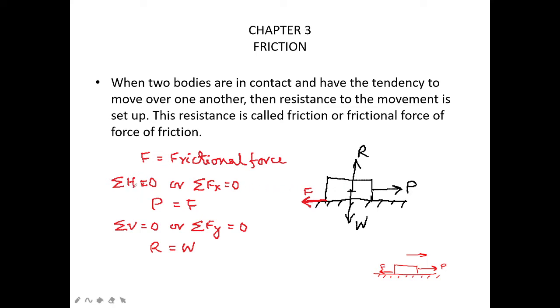So if you apply the conditions of equilibrium on this body, then we get sigma H equal to 0, or sigma Fx equal to 0. So P minus F is equal to 0. So finally we'll get P equal to F. Now if you apply sigma V equal to 0, or sigma Fy equal to 0, we'll get R equal to W.